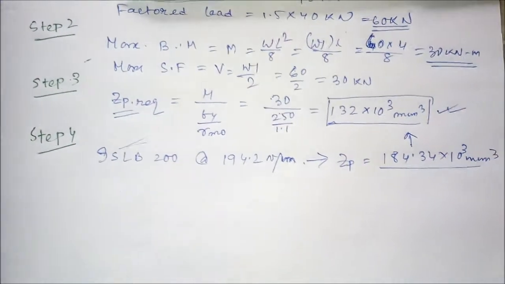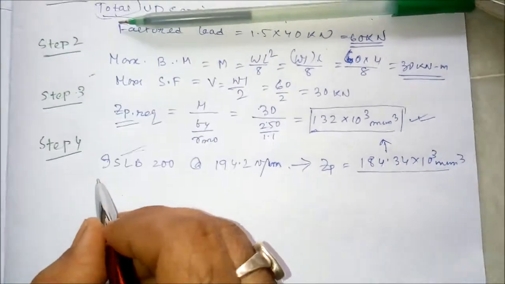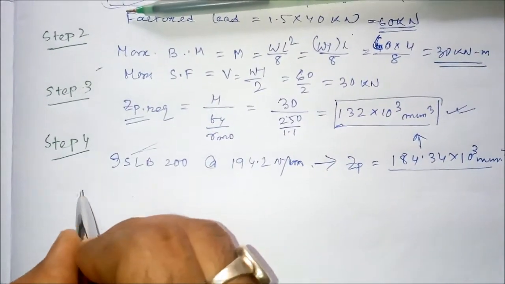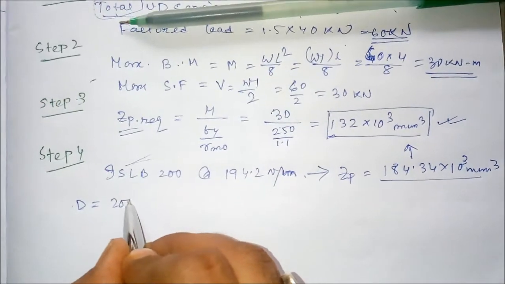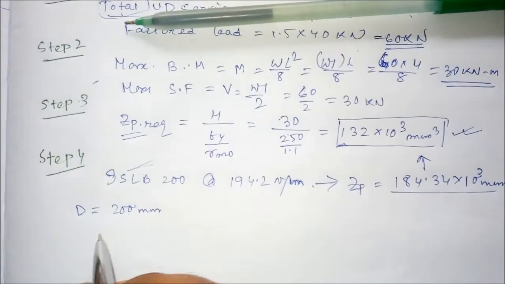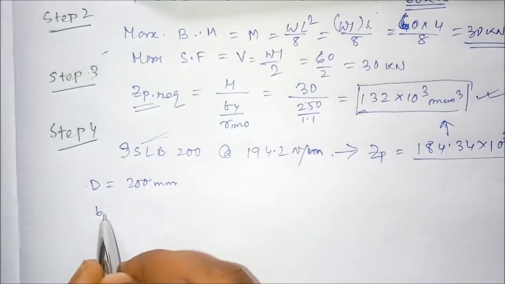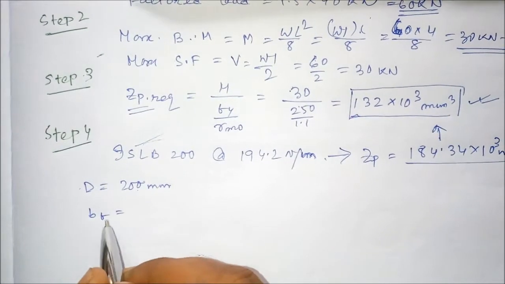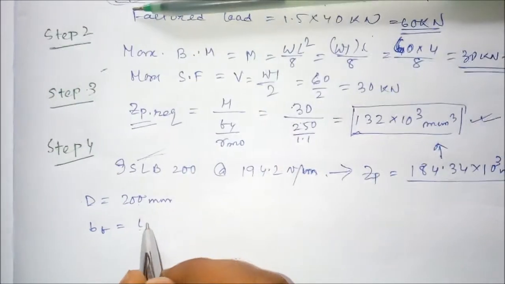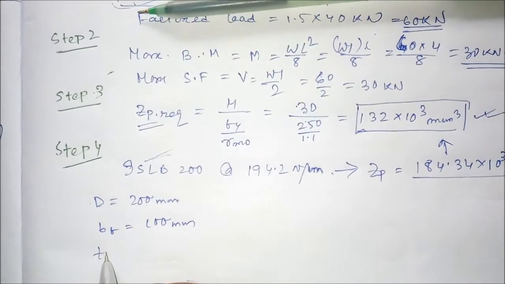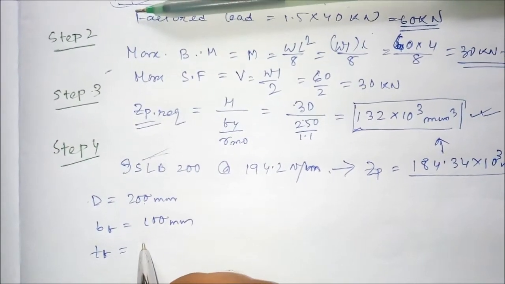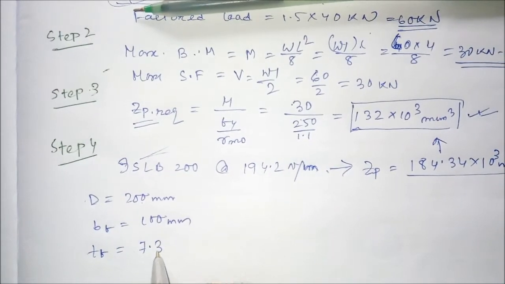So now let us find out all the geometrical properties of this section. Total depth D is equal to 200 millimeter. BF, that is breadth of the flange, is 100 mm. TF, thickness of the flange, is 7.3 mm.